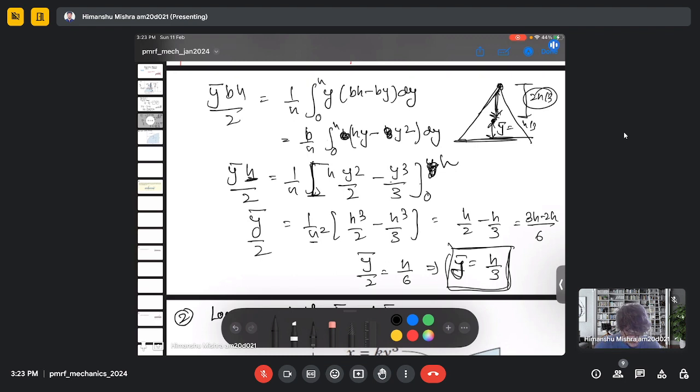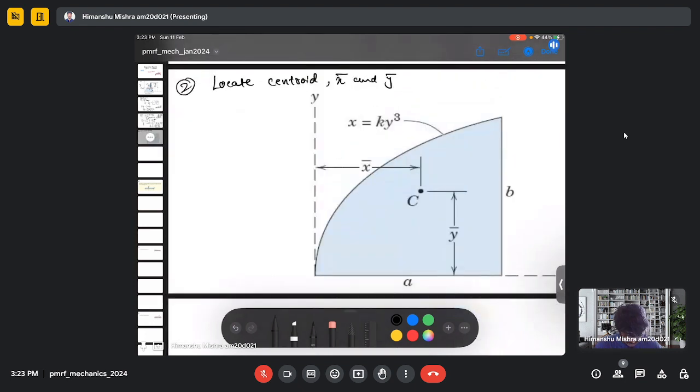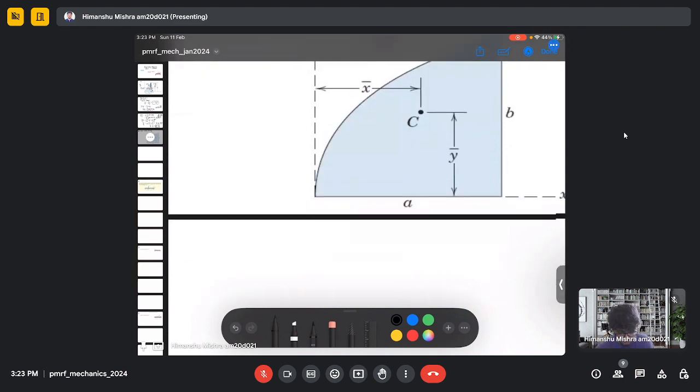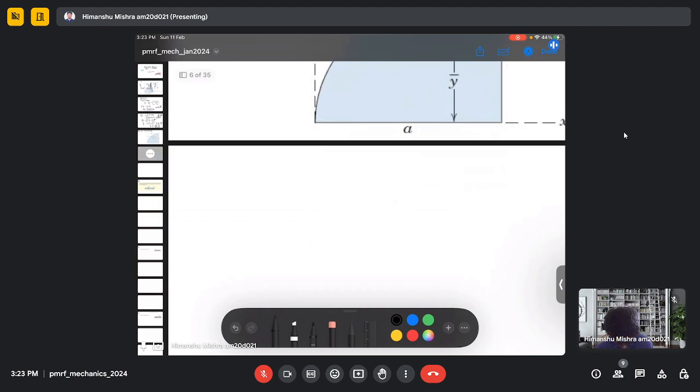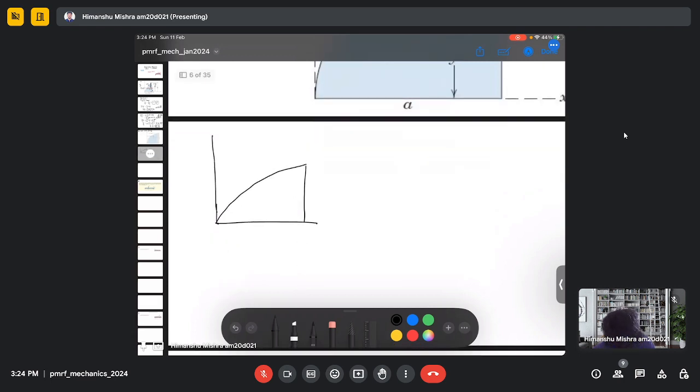So if not, then we can solve a similar one again. This time we need to find the centroid x bar and y bar. So first let's make the diagram here. And this is my elemental strip.